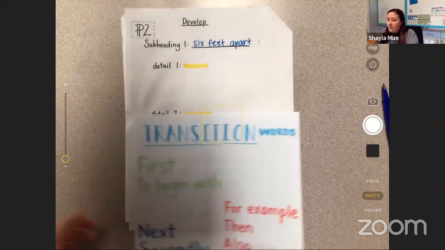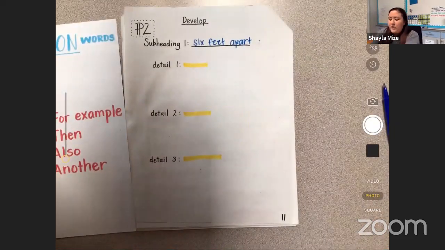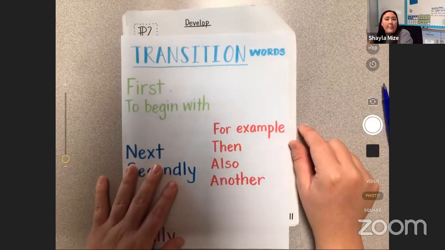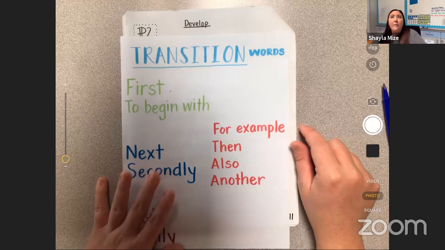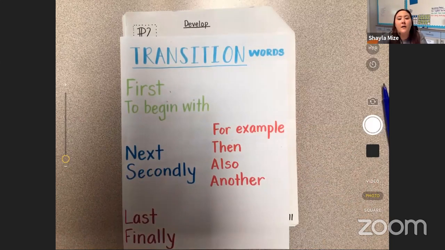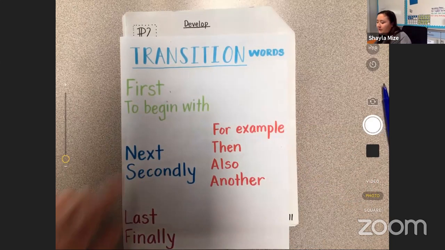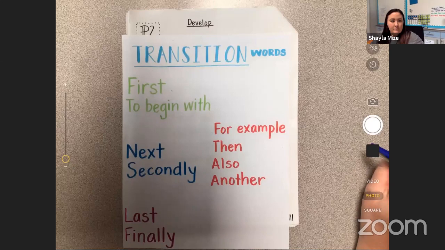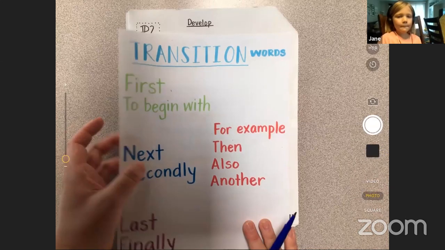So I'm going to write, which one do you want Miss Mize to use, first or to begin with? We have very strict lines in California. Jane, what one do you want me to use, first or to begin with? First. Okay, I'm going to use first.